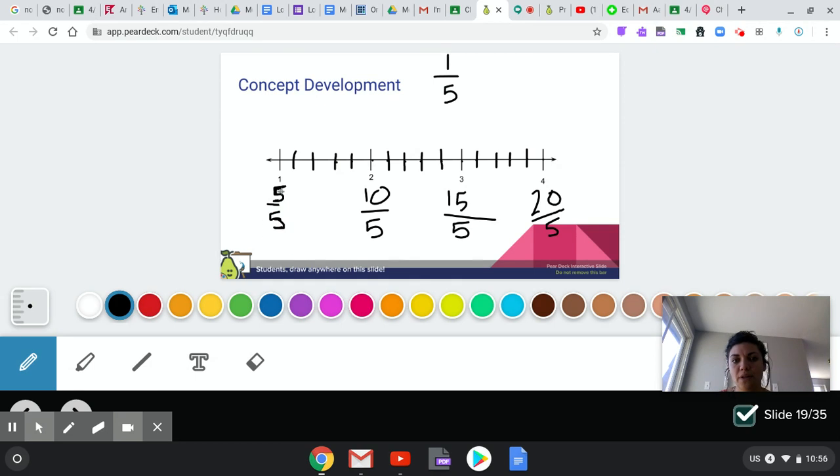So 1 whole is 5/5, 2 wholes is 10/5, so like 5, 10, 15, 20. 3 wholes is 15/5, 4 wholes would be 20/5, which means 5 wholes would be 25/5. So each whole number would be counting up as if you're counting up by 5s.